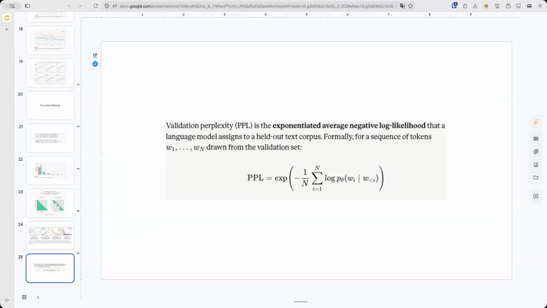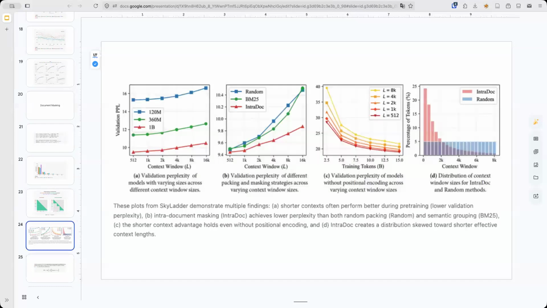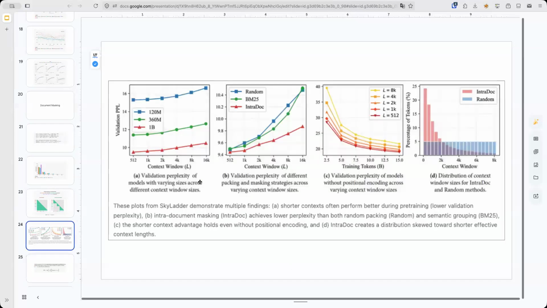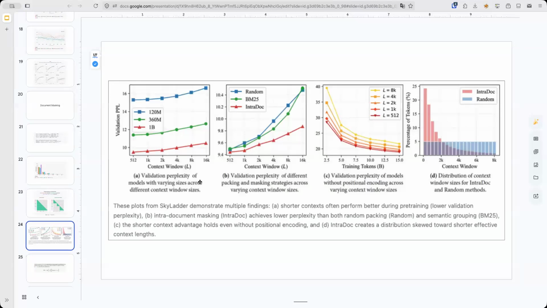We train on some part of the data, and when we validate on another part of the data, we measure the surprise that the model exhibits when we feed this validation text corpus into the model. And it's counterintuitive that when the context window goes larger, this perplexity goes up as well.